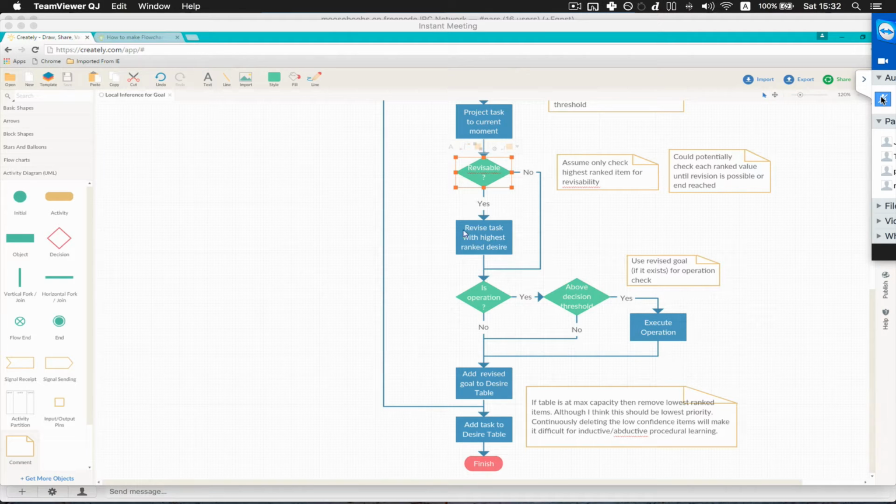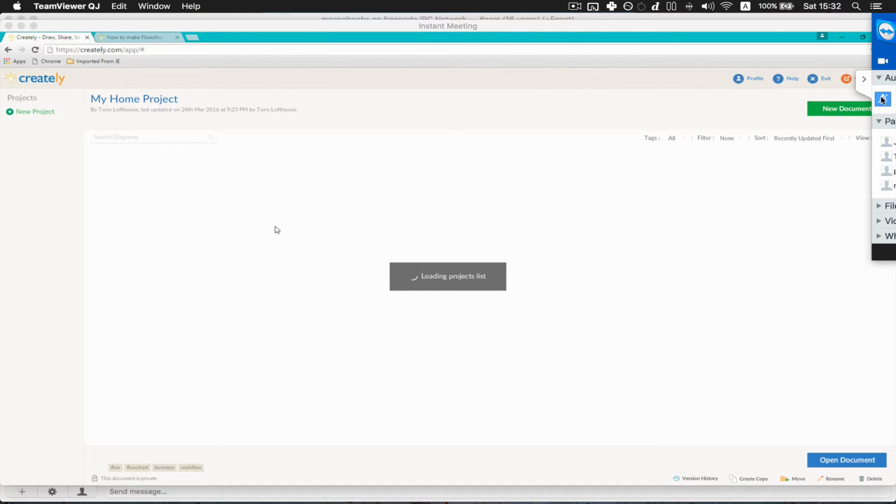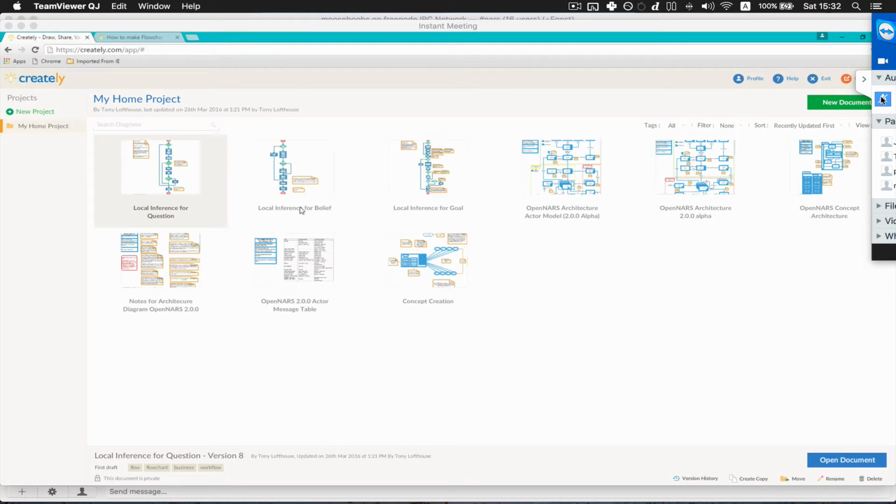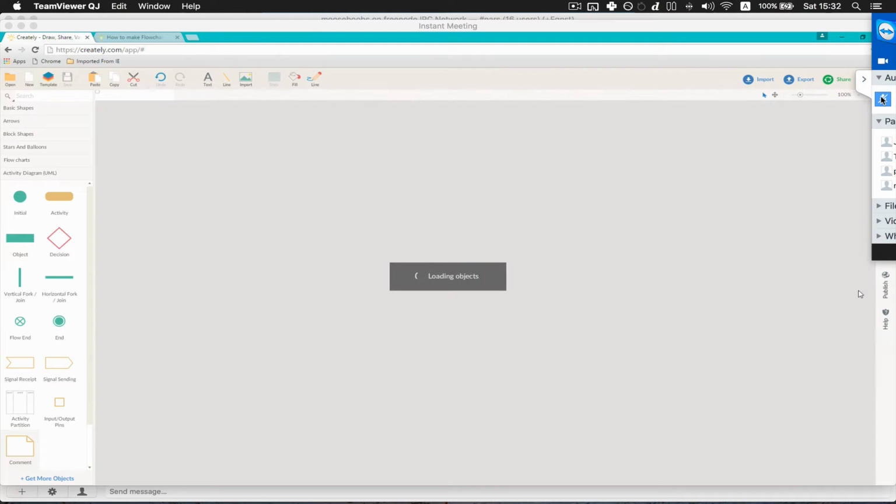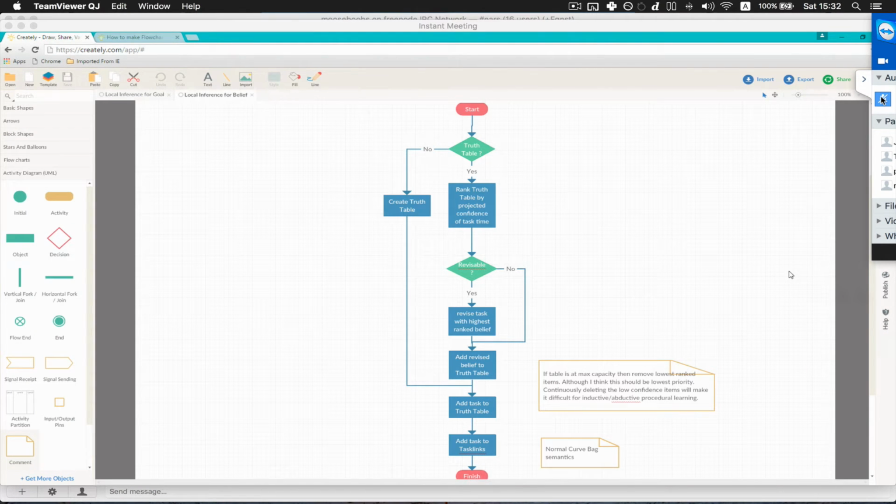Okay, can I bring up another flowchart? These should be relatively straightforward in comparison. This is for just local inference on belief, pretty much the same set of principles, but a simpler approach because there's no goal handling. I don't think there's anything complicated in here.